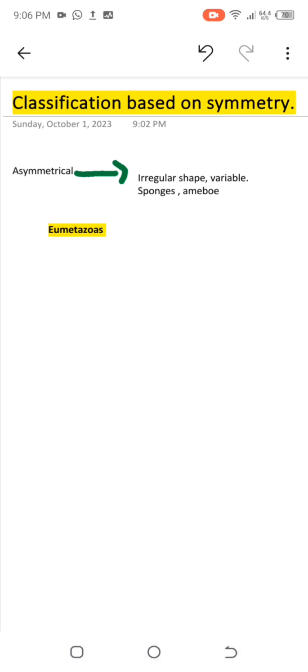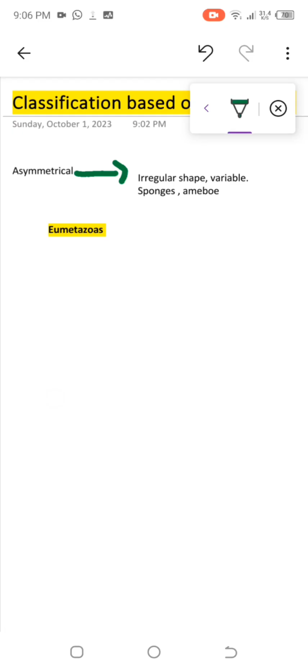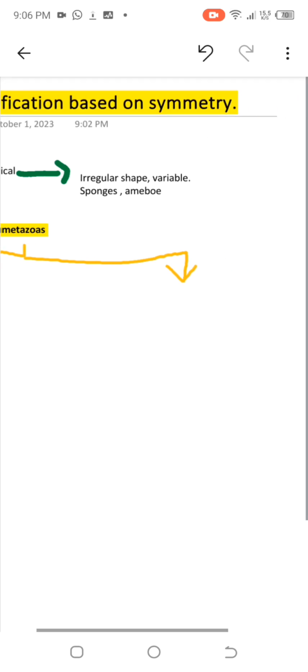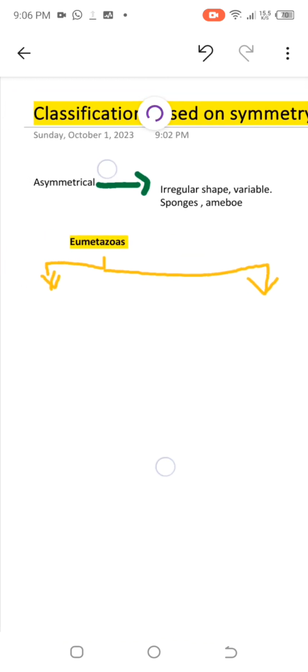Eumetazoa are divided into two groups on the basis of symmetry.